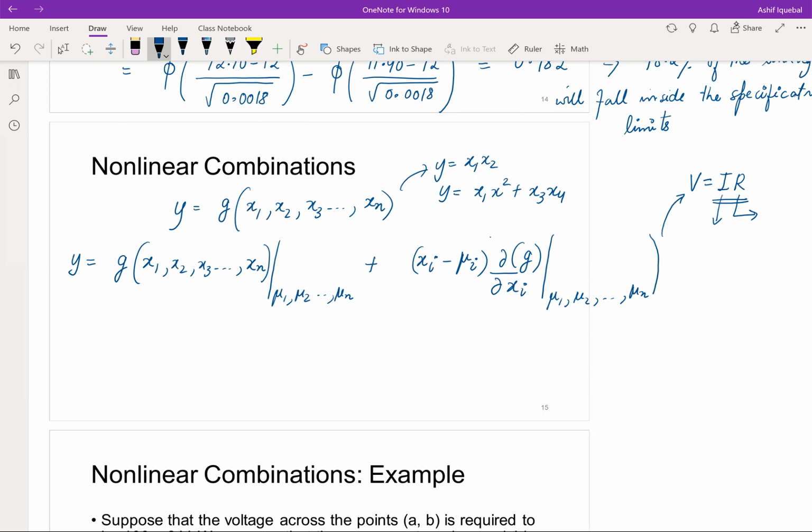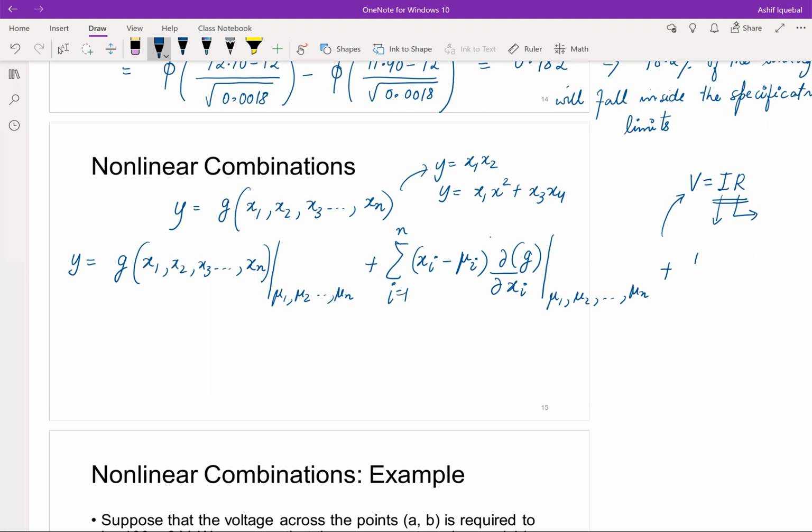There's no square here. Summation of this from i equals 1 to n. This is the second term, and then the third term will have the square, the fourth term will have the cube, the fifth term will have power 4, and so on and so forth.